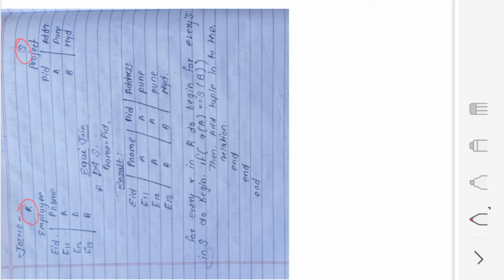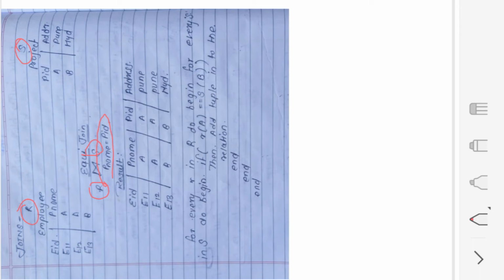Now if I want to do R equi-join with S, you already know that for equi-join we require some common attributes. The commonality has been taken between PName and PID. So that's why we get E11.